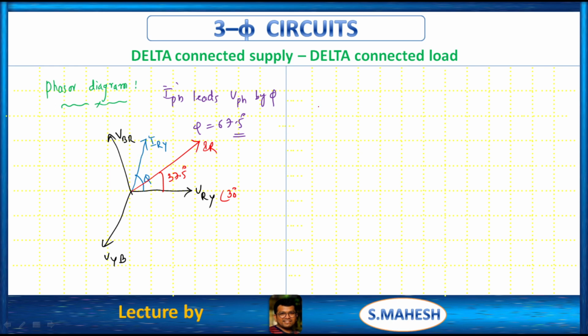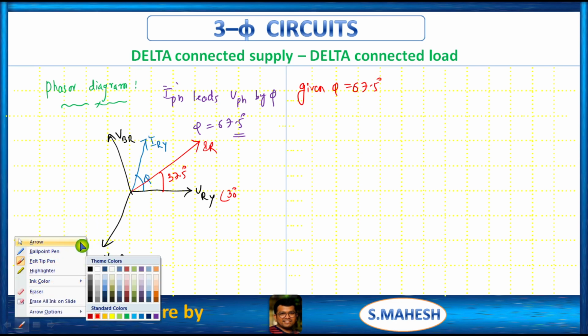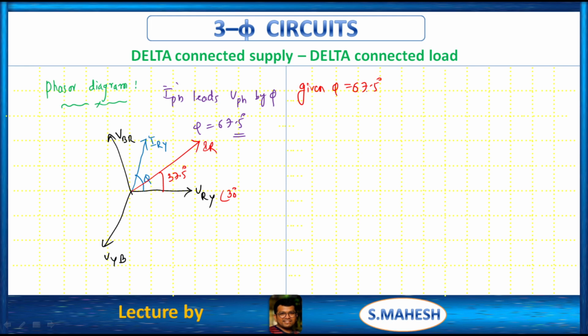To get clear, phi is 67.5, obtained. Of course it is given, because he provided the impedance, no problem. The power factor is leading, meaning I phase leads V phase by phi. Phi is 67.5, right?